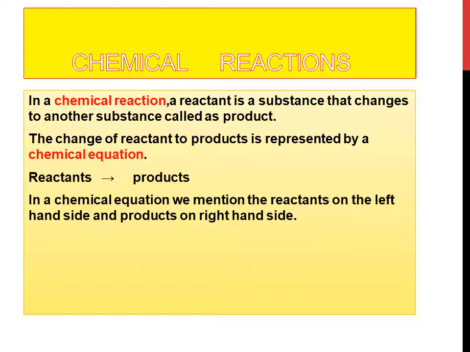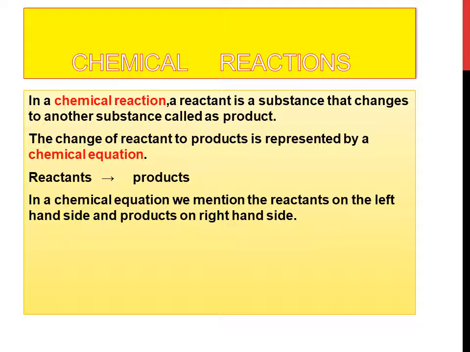The most important thing is, in a chemical reaction, a reactant is a substance that changes to another substance called product. Because reactant is that substance with the help of which we can begin our chemical reaction, and product is that substance which has been transformed from a reactant.